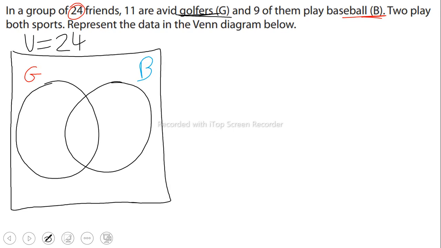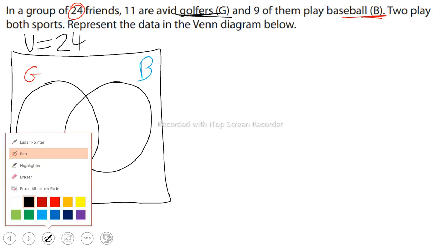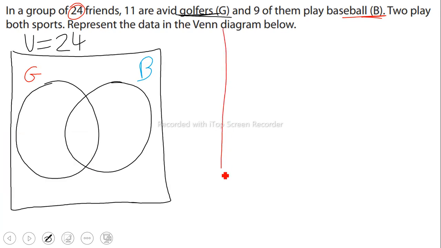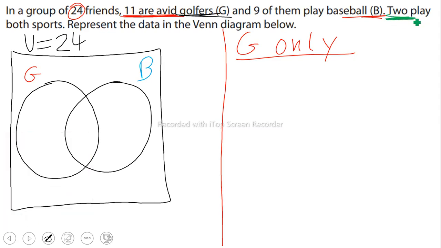Now here we're trying to find out golfers only. So G only. How many people only play golf? Well, we know what's in the intersection. The intersection has 2, right? 2 play both sports.